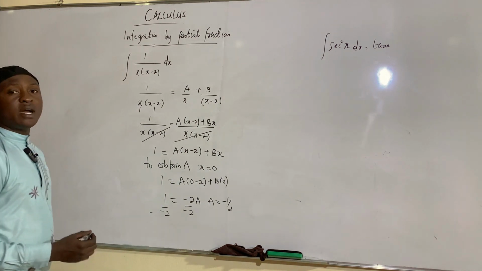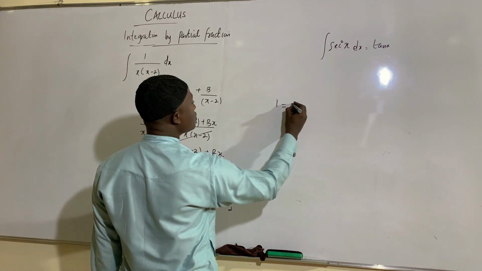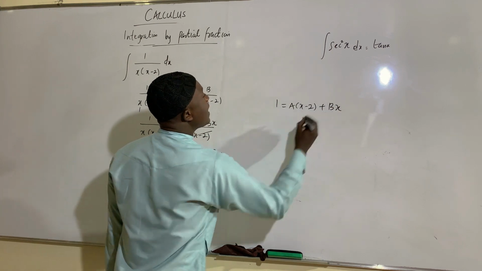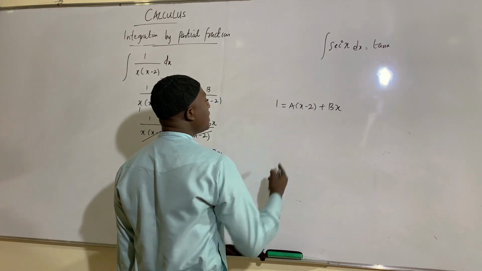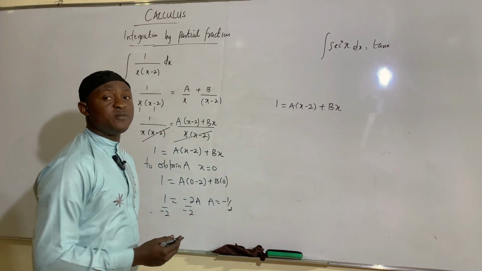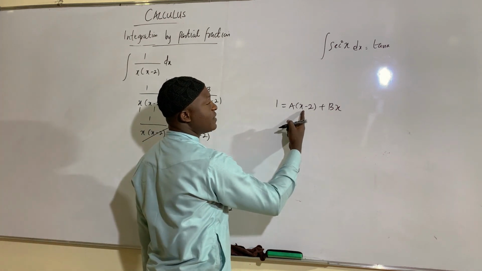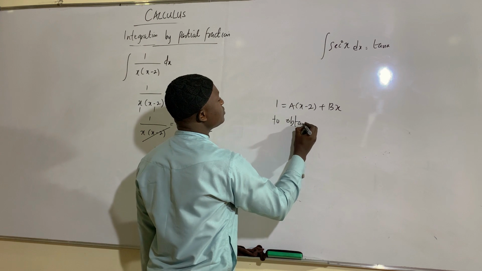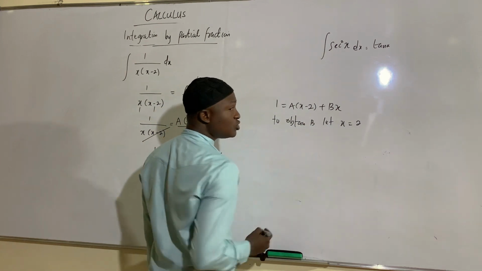It remains B. I will go back here: 1 is equal to A(x minus 2) plus Bx. Now I want to obtain the value of B as well, so I have to find a value of x that will make the A term zero. Yes, it is 2, because if I put 2 here, it's going to be 0. So we let x be 2.